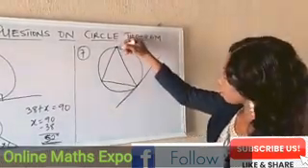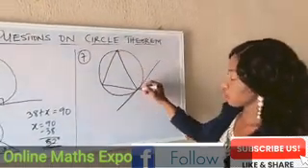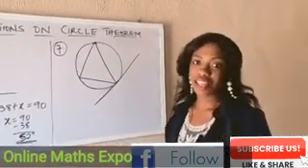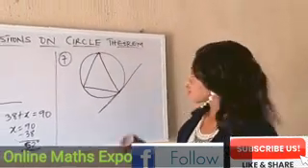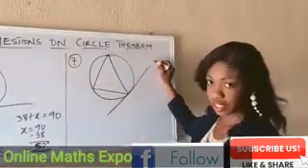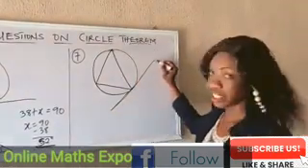Remember, a chord is any line that runs from any part of the circumference to the other, but does not pass through the center. If the chord passes through the center, that is what we call the diameter. So this is the chord, and the chord is in contact with this tangent. I take that again. The chord is in contact with this tangent.